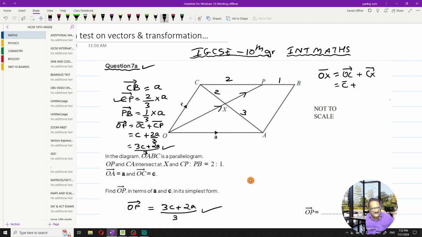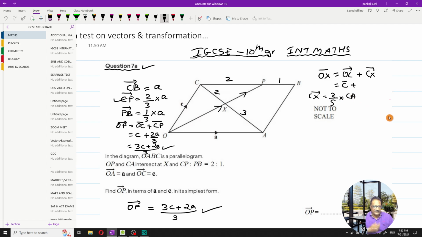That is given. Now, one more thing. This CX will be equal to 2 divided by 2 plus 3, that is 5, multiplied by the entire CA.